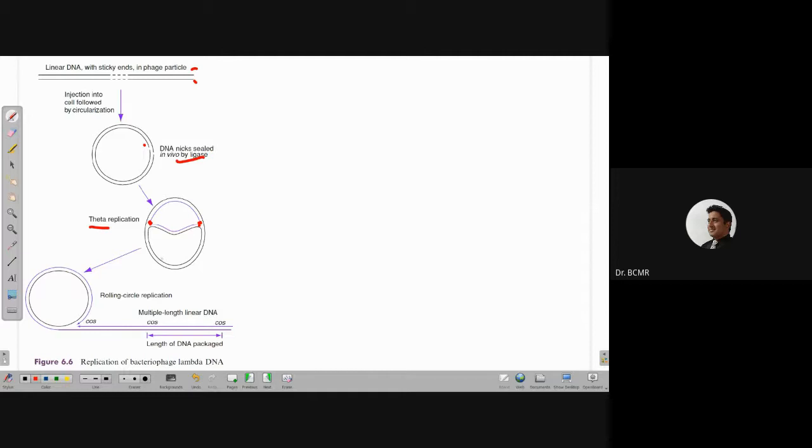Then it shifts from theta mode of replication to rolling circle model. In the rolling circle model, this keeps on rotating this way, and here is a replication fork. It will be synthesizing DNA on both the strands. And what happens here is, you see from here, this is a cos site. These are the cohesive ends.